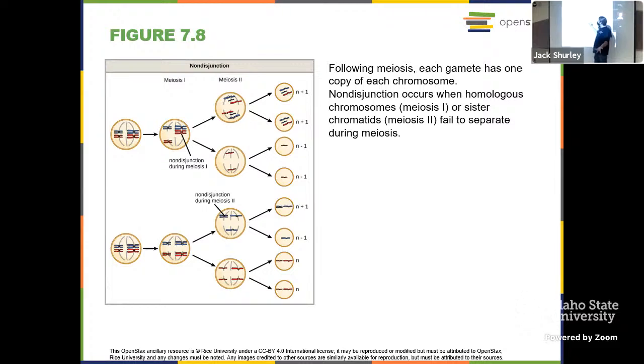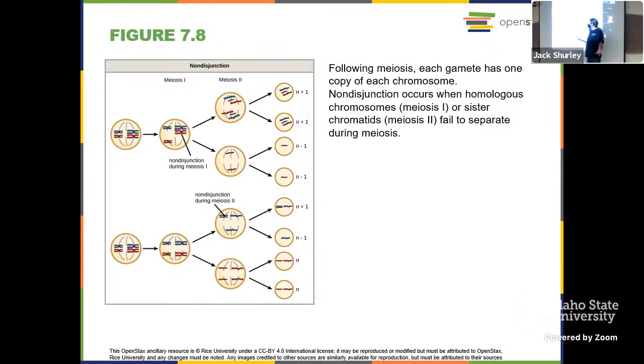It's a similar idea. It's +1s and -1s. This one's normal. As we move through here, this cell separated, haploid, all fine and good. This cell separated, and we've had a non-disjunction. So one with an extra sister chromatid still there, one missing it, and these ones normal.